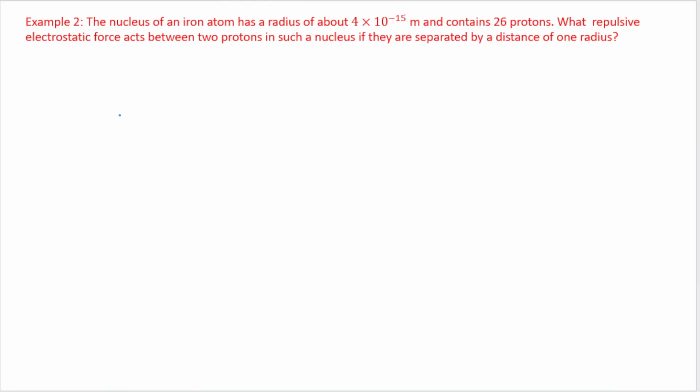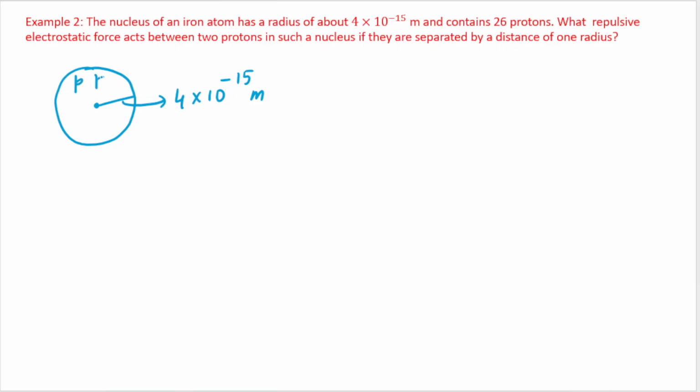So as with many problems in physics, it is always better to draw a figure. So here we will imagine the nucleus of the iron atom to be a sphere whose radius is equal to 4 into 10 to the power minus 15 meters. And inside this sphere reside the protons.